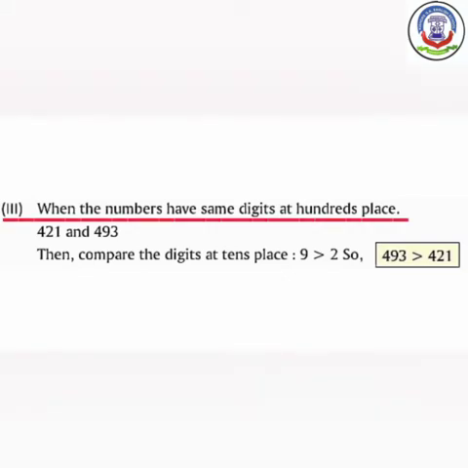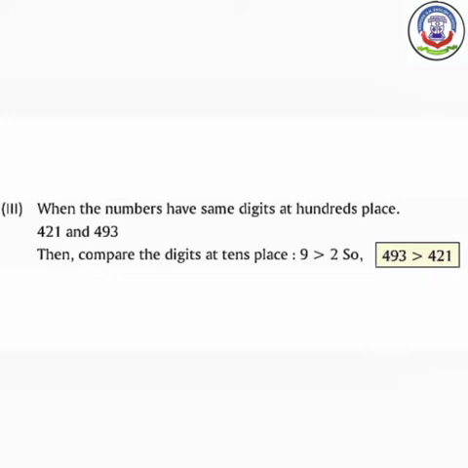Third, when the numbers have same digits at 100 place. 421 and 493. जब हंड्रेड्स की प्लेस पे सेम नंबर होते हैं तो हम टेंस की प्लेस के नंबर देखते हैं. Then compare the digits at tens place. Here on left hand side there is 493 and on right hand side there is 421.